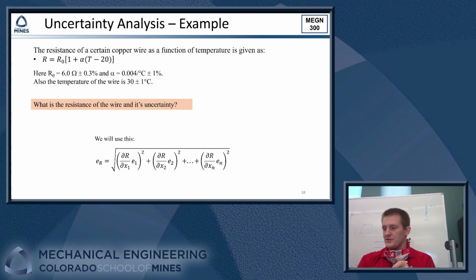And we have a coefficient that describes how the resistance changes with temperature, called alpha, which has an uncertainty associated with it. And we have a temperature that the wire is at, which also has an uncertainty associated with it. What we're going to do is apply that error propagation formula to this equation and come up with the uncertainty of R, the resistance at, in this case, 30 degrees Celsius.